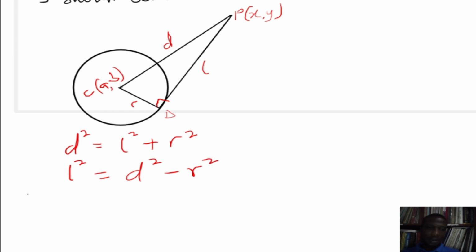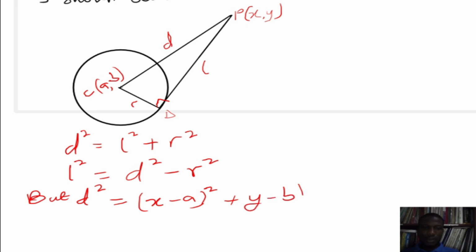But from the distance formula, the link to which I'm sharing with you at the top here, D squared will be equal to (x minus a) all squared plus (y minus b) all squared.